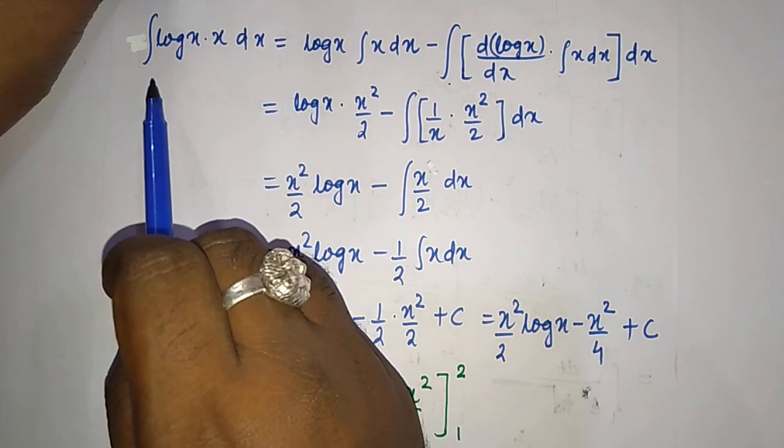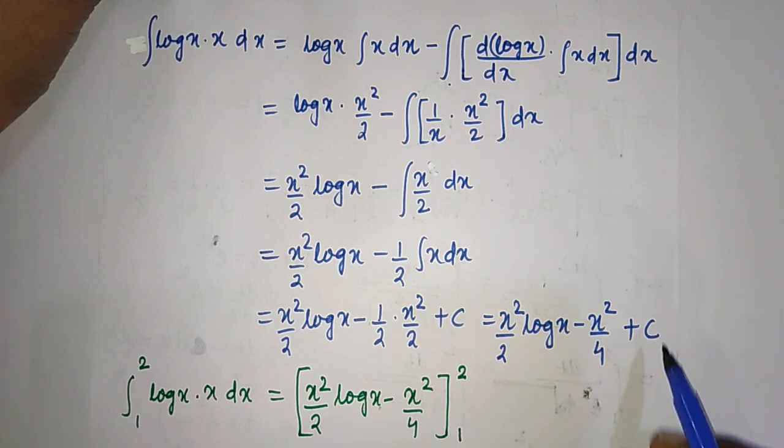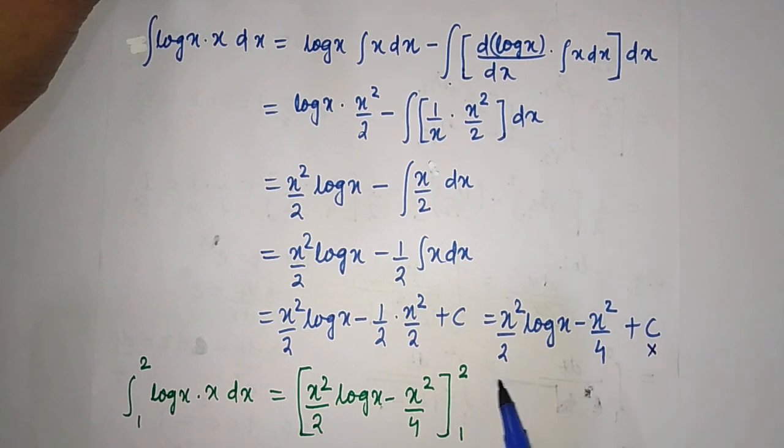Next, but in the question we have a definite integral, so let's come here. See, the indefinite integral of this function is this thing. Okay, now to find the definite integral, put here their limits. Here limits were given 1 to 2, so put it here 1 to 2. And we know when we do a definite integral, at that time we don't write the constant term, only the function.